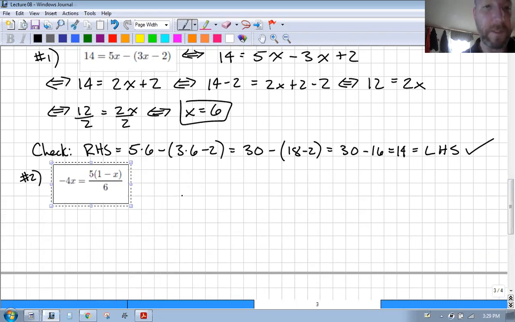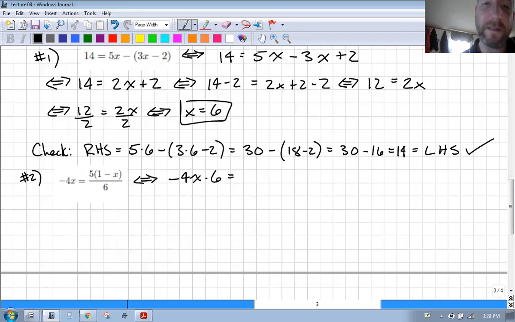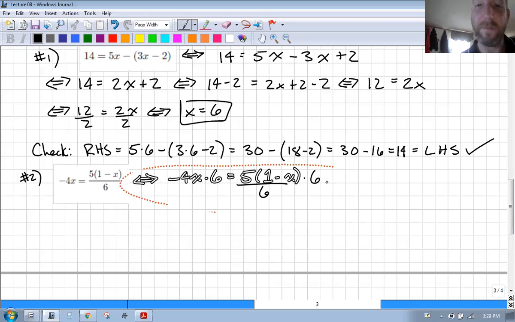All right. So let's see, we have this big fraction over here. So let's get rid of the fraction first. If we multiply both sides by 6, that'll get rid of that big fraction.